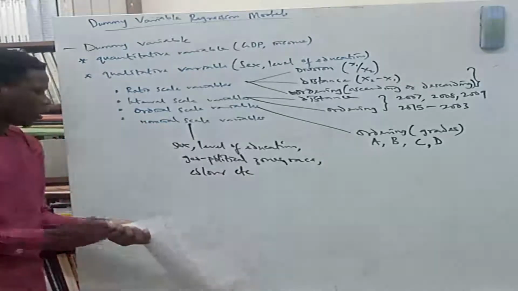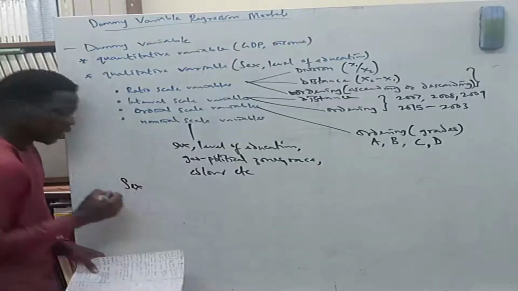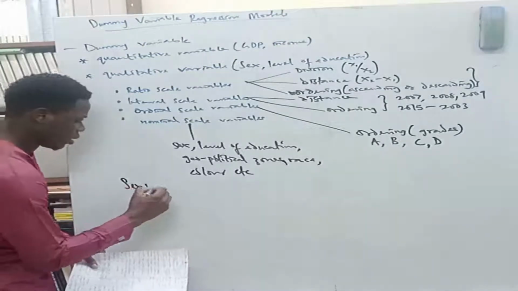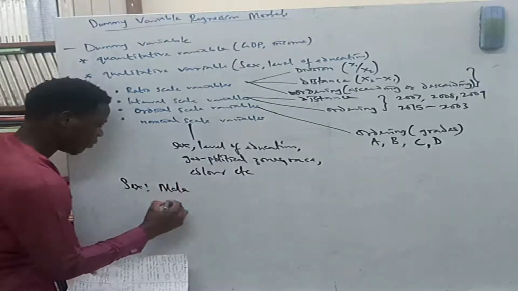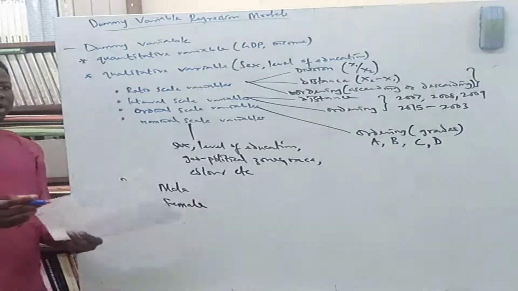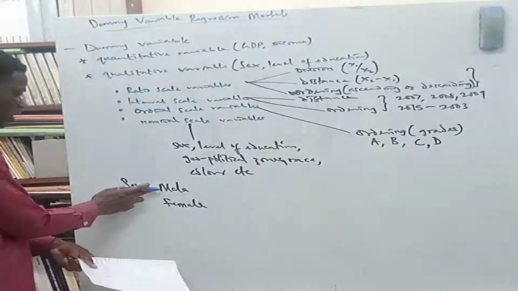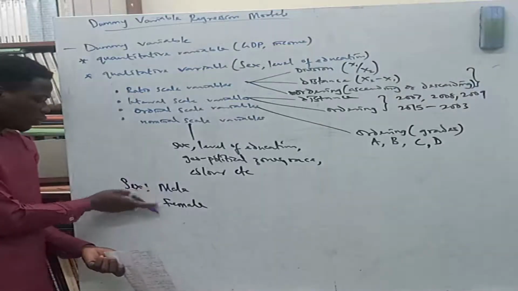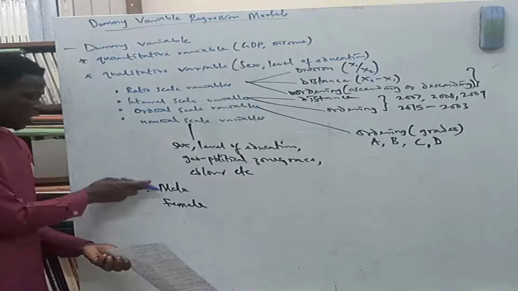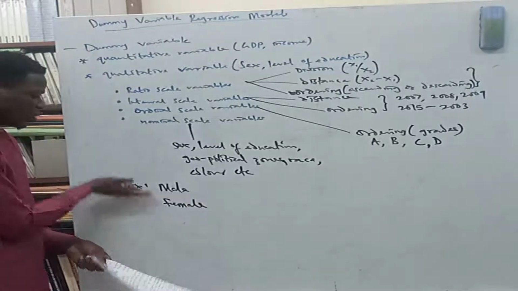So if you have a dummy variable, let's say sex, and sex can be male or female, it is not possible to put this in a regression model as it is. So you denote it by an artificial variable.